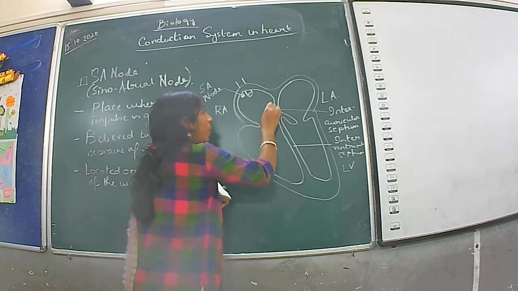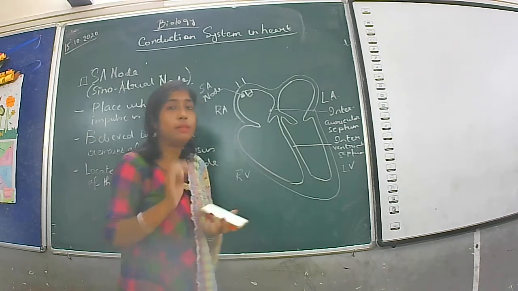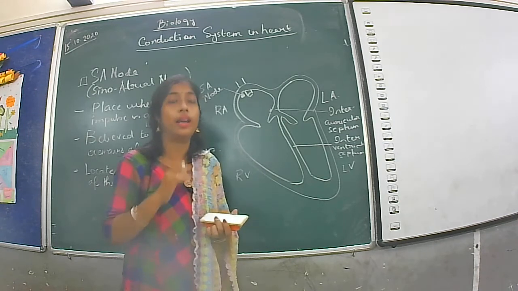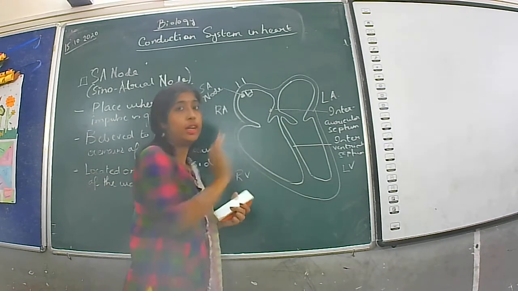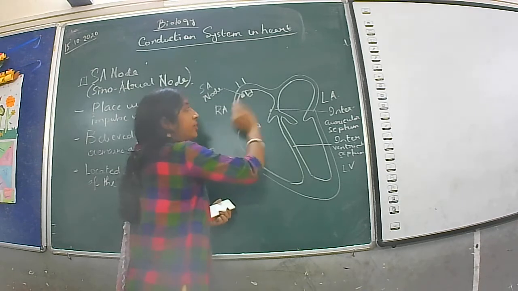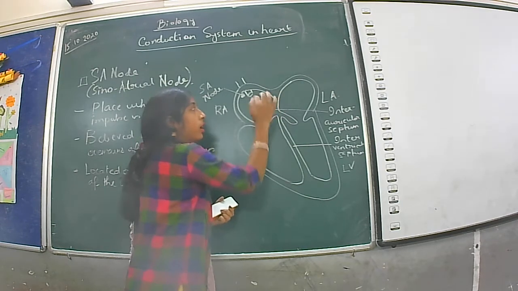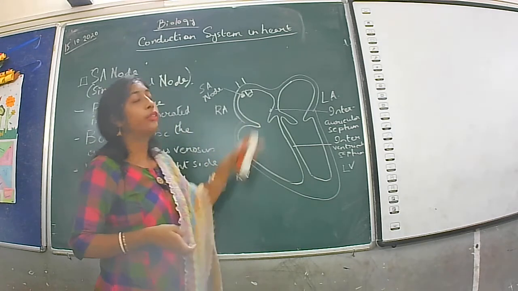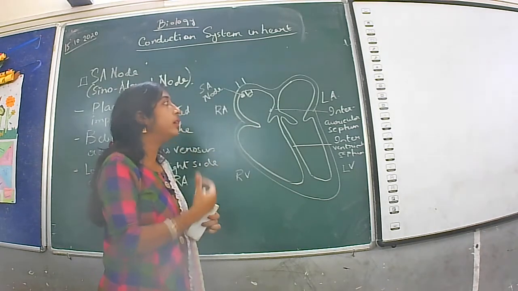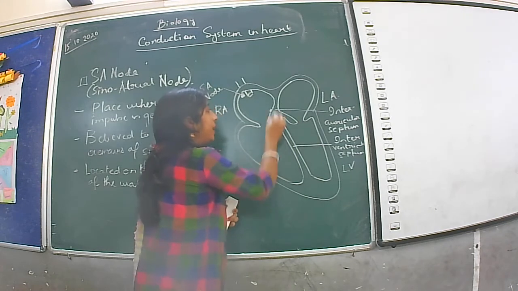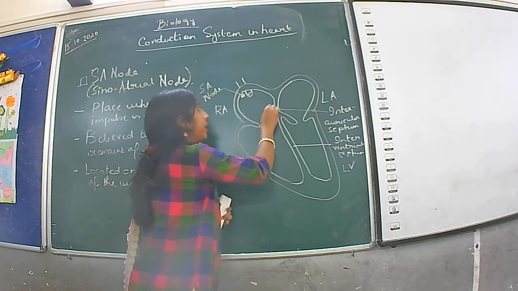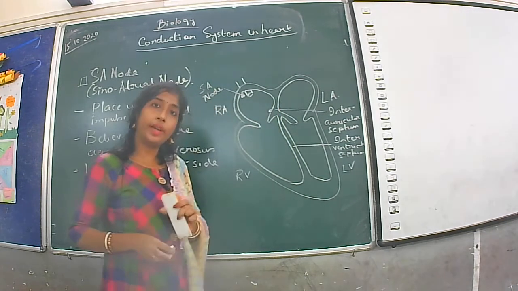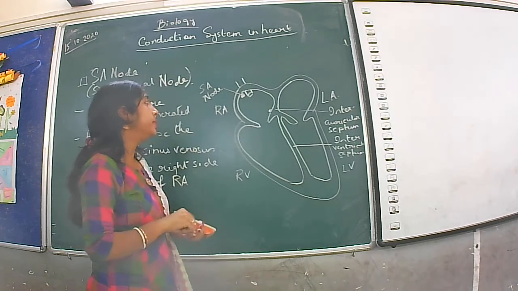Again, I am pointing out here, but that doesn't mean it is present inside the wall. It is a 3D structure, so it is present on the walls. So it is present in the right atrium, in between the interauricular septum and interventricular septum. So somewhere here.